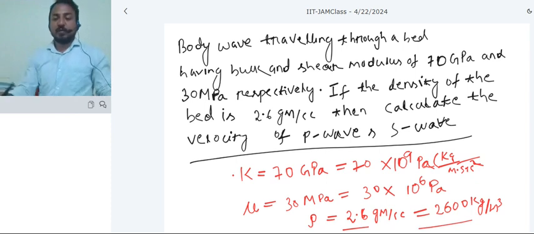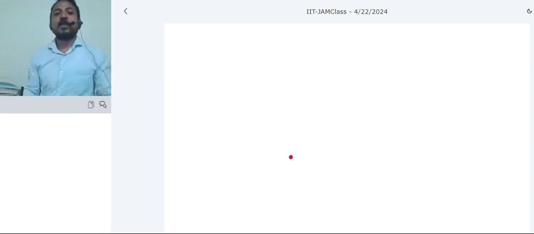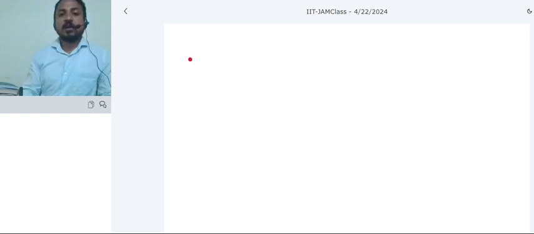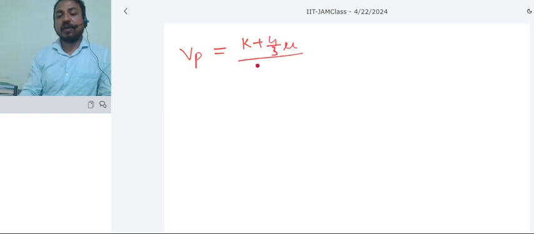First we'll move to velocity of P wave. Velocity of P wave formula is root over K plus 4 by 3 mu divided by rho.